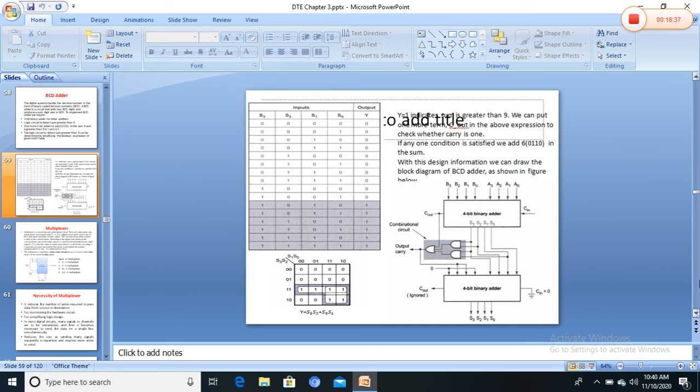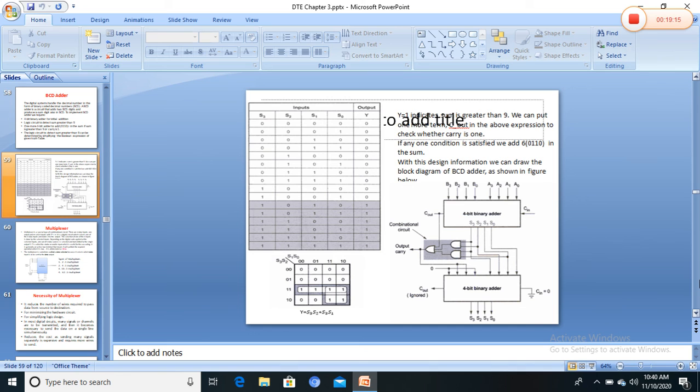In this operation, the combinational circuit is needed, and B1, B2, B3 are connected to ground permanently, as shown in the complete BCD adder diagram. The output of the combinational circuit should be 1. So if the output of adder 1 is greater than 9, y is ORed with the carry output of adder 1, as shown in the diagram, and the output of the combinational circuit is connected to B1 and B2 inputs of adder 2.